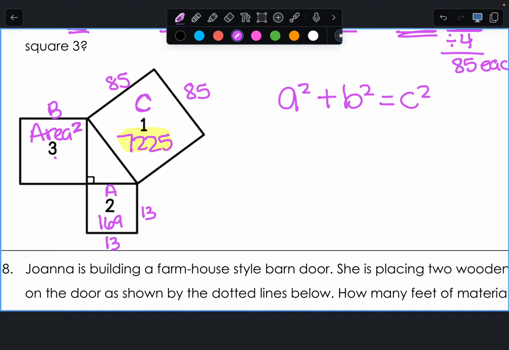Now you can either plug in the sides, or you can plug in the areas. Which one do you want to do? The sides? It's easier for the sides? Yeah. Okay, so A is what, 13 squared? And then C squared is 85 squared. So what do we do with 13 squared?